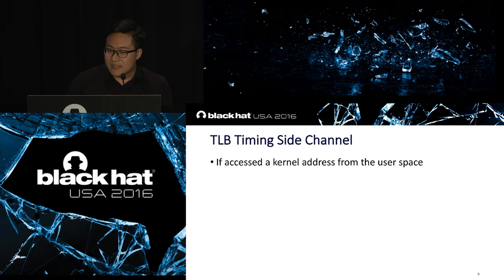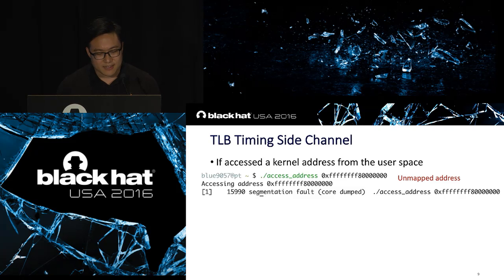In their attack, they use TLB hit and miss as a side channel. So let's learn how the attack works by example. First, if we access a kernel address in user space, regardless of its mapping status, for an unmapped page we get a segmentation fault, which is caused by a page fault at the processor because it is an invalid address.